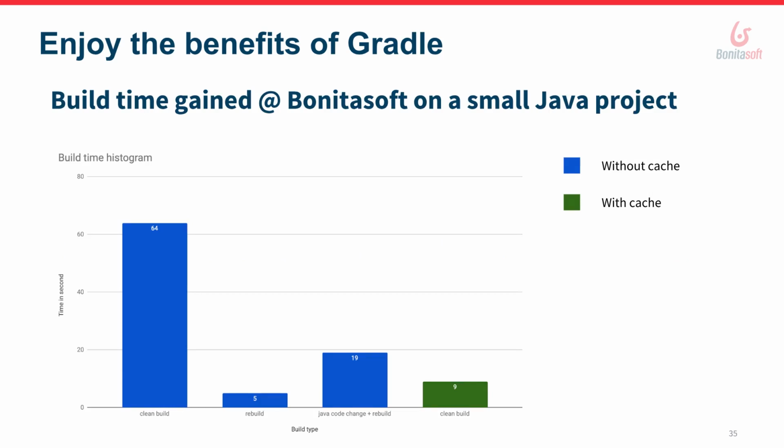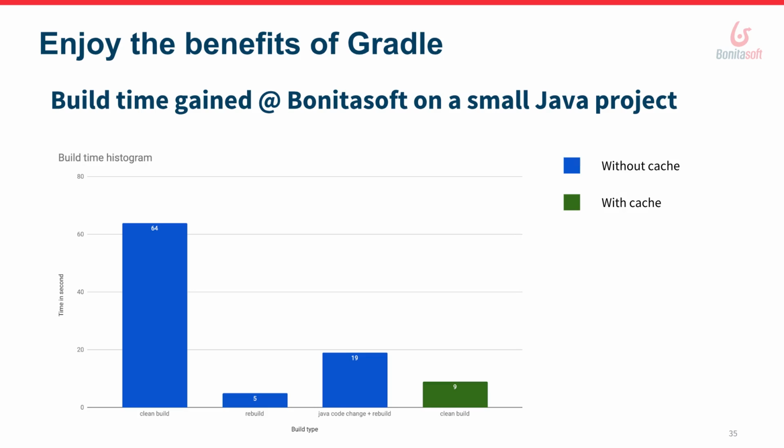Here's a quick graph of what we gain at Buintersoft by using the Gradle cache and the Gradle work avoidance feature. On a Java-only project, for example, with a clean build, the build was lasting 64 seconds, but just using Gradle without configuring anything, a rebuild lasts only 5 seconds.